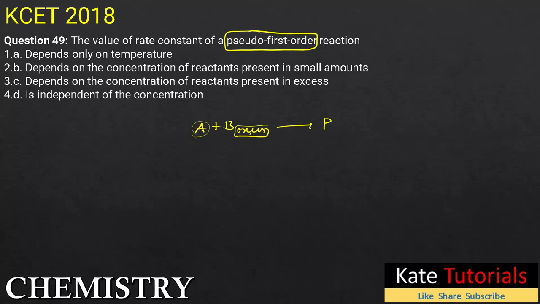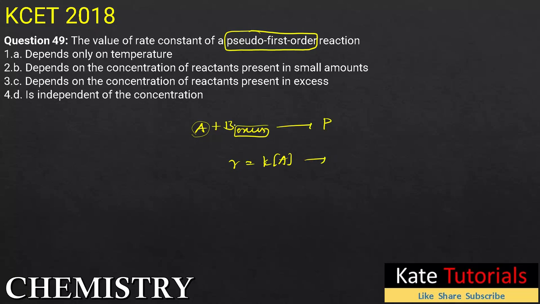Why? Because excess B is there, so a little change in concentration doesn't matter. So rate of reaction is nothing but K into concentration of A. B is ignored because the change in concentration of B is very small, since we have taken it in excess. Such a reaction we call a pseudo first order reaction.